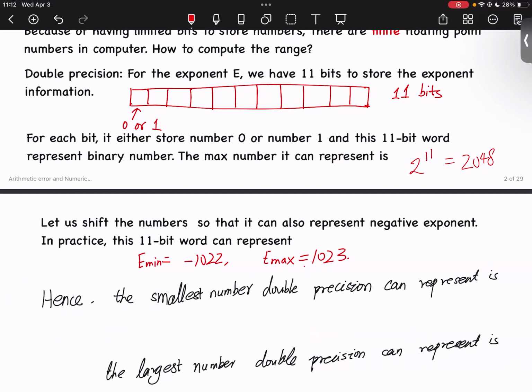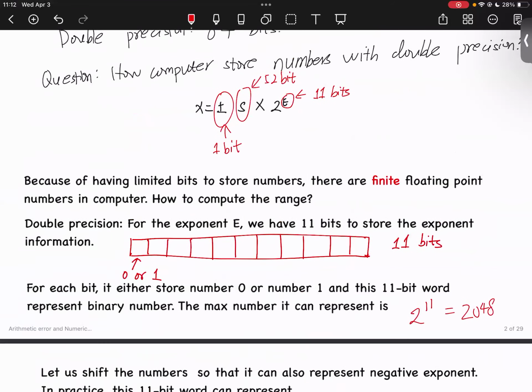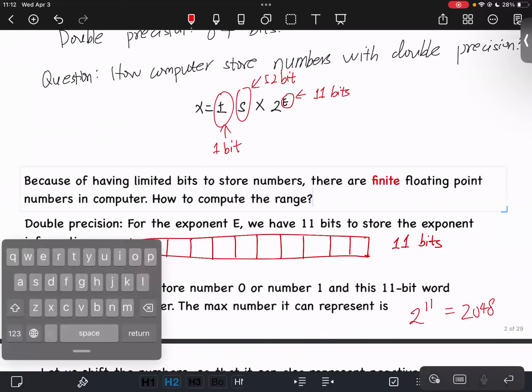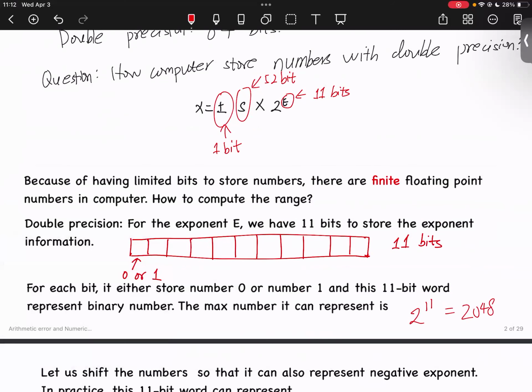And what about the sign? We have the positive and negative sign here, and we also have the significand. If we want to look into the range, we also need to pay attention to the significand.